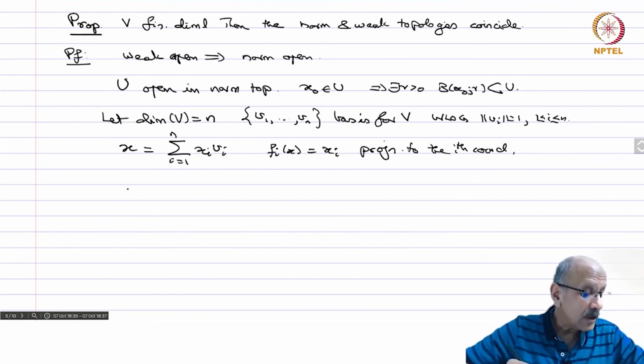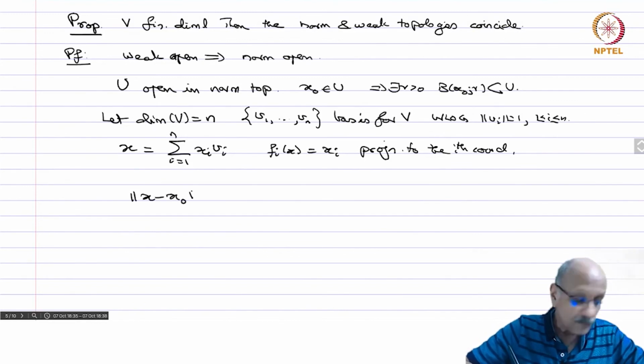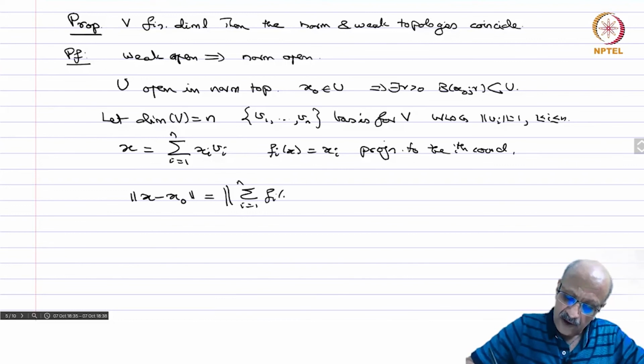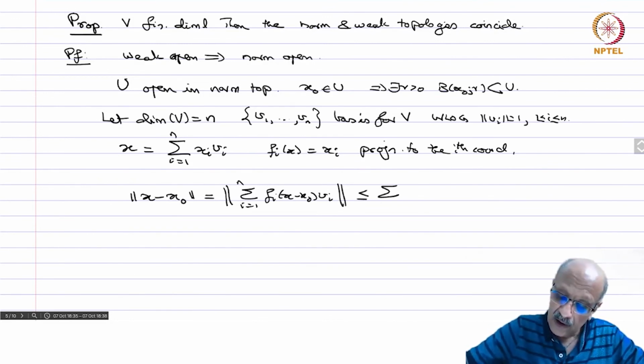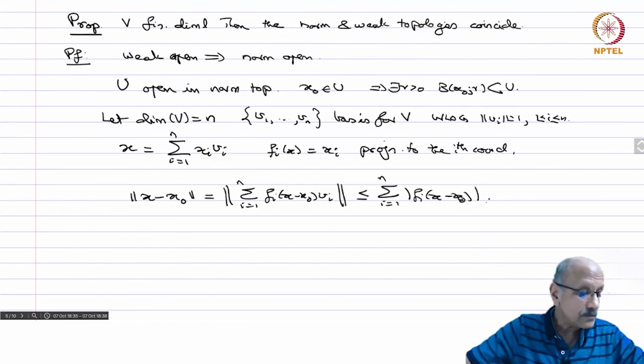Okay. So then you have norm of x minus x naught is equal to norm sigma i equals 1 to n Fi of x minus x naught into Vi. So that is how the projections have been defined. That is less than or equal to sigma i equals 1 to n mod Fi of x minus x naught. Okay.